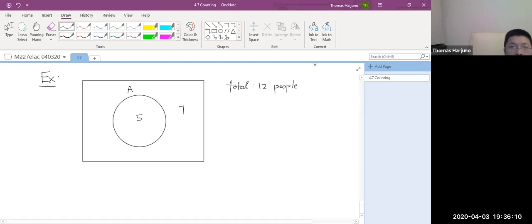And of these 12 people, we have 5 of them getting an A. Now suppose I say select 3 people of these 12, 3 people at random. And the question is: find the probability that all 3 are from A.